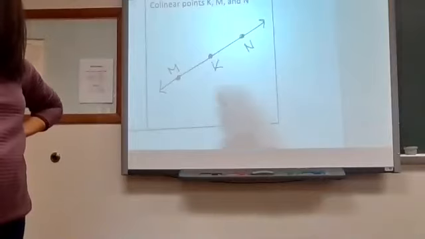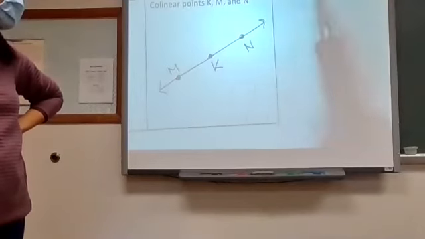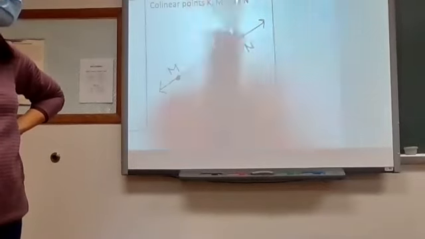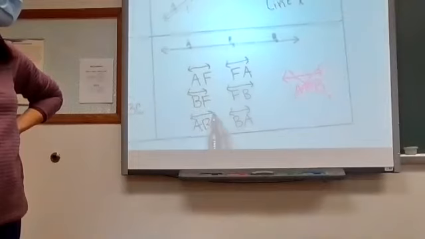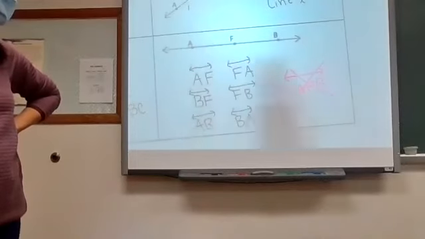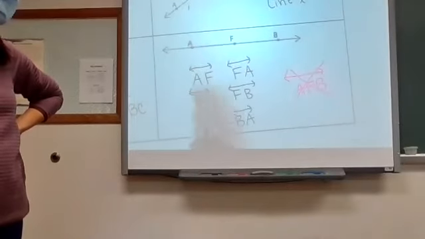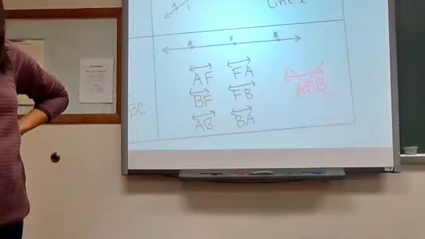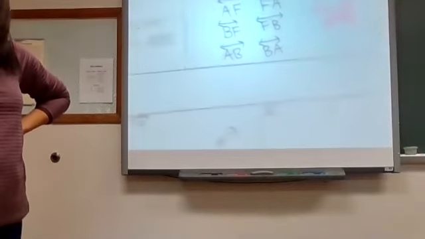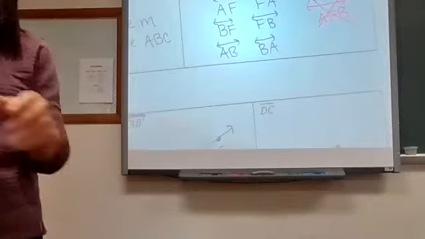Oh, then why do you say it was a line? They're also collinear, but here I'm drawing the line, so I want to show all my points. Here I'm labeling a line that has 3 points, and so when I label, I only use 2. Oh, okay, sorry. Okay.